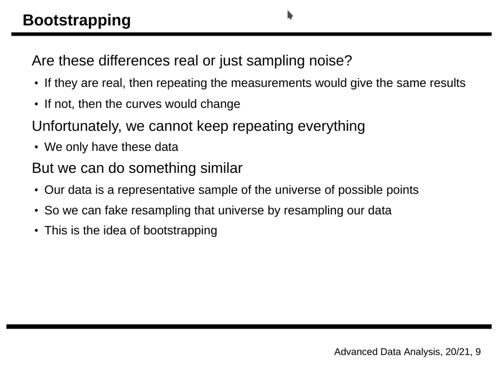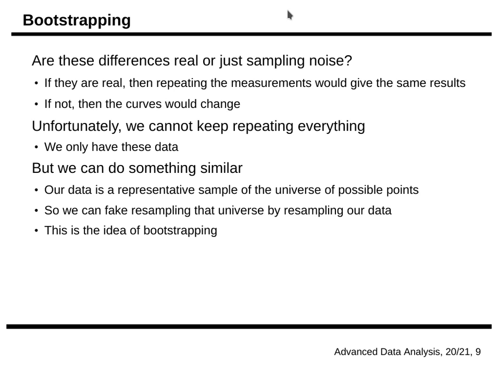One thing we can think is that if these differences are real, then if we could repeat the measurement with a new set of participants, we would get approximately the same results. Or if we repeated this, say, 1,000 times with different sets of participants, we would tend towards the same kind of results. If not, if this is just something that happened to occur in the particular sample that we got, then results would vary as we repeated the experiment.